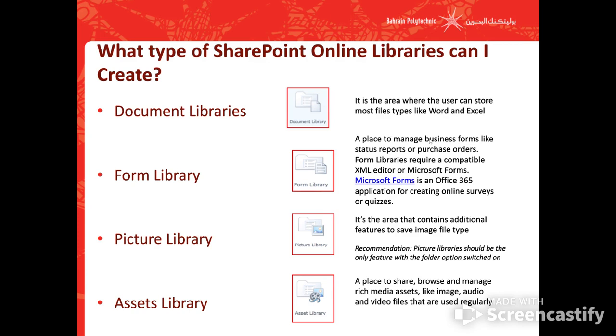You may have a form library where you may have business forms, templates. You can manage forms with Microsoft Forms. Picture library. This is an additional feature to save your images into your picture library. Now you have a picture library and an asset library.